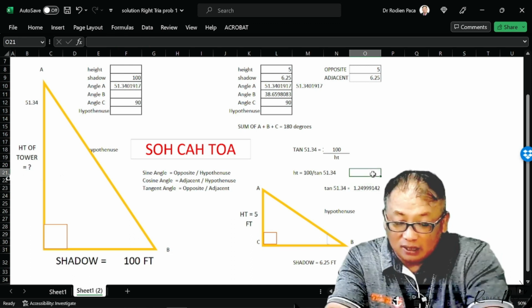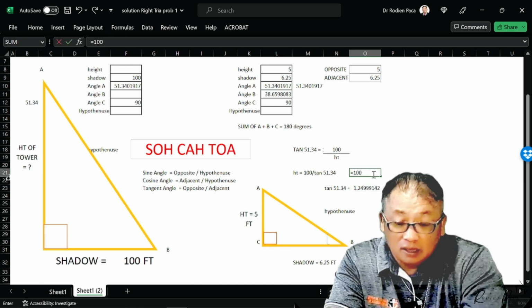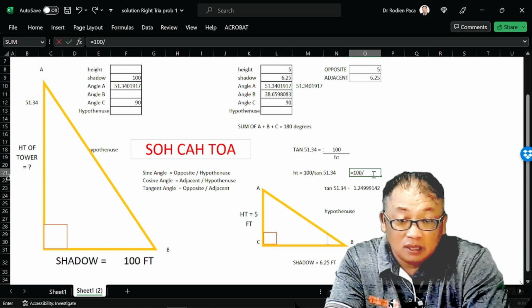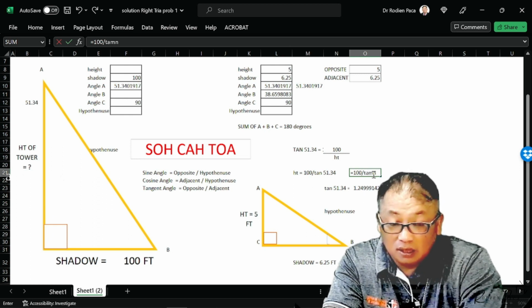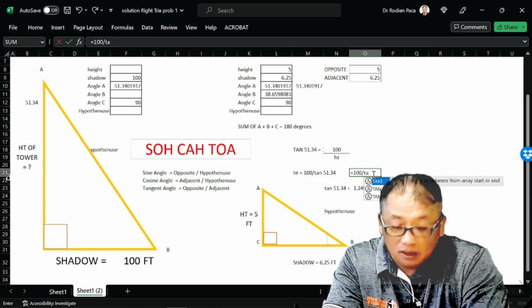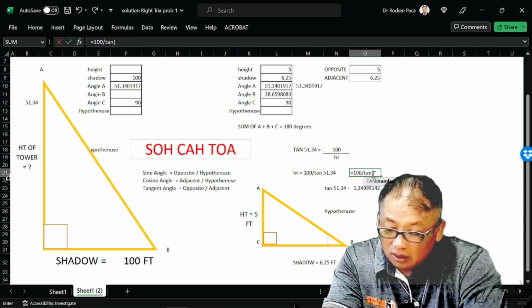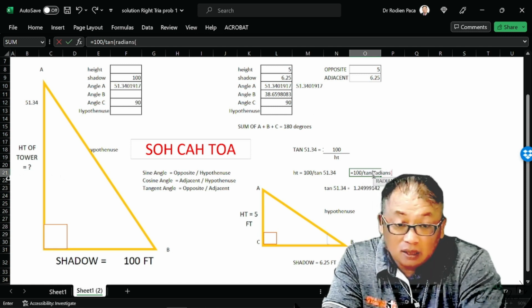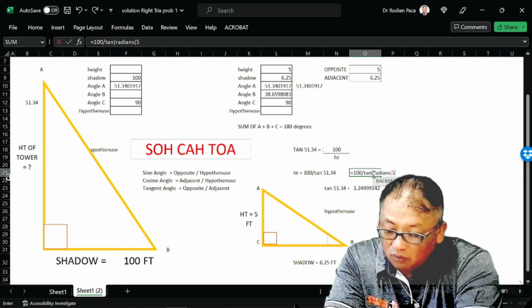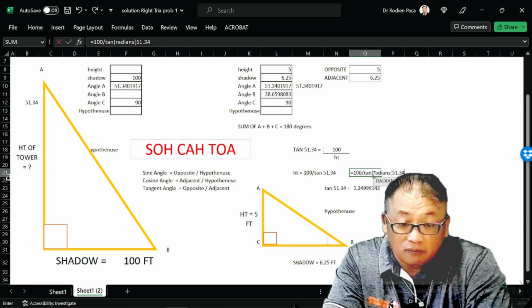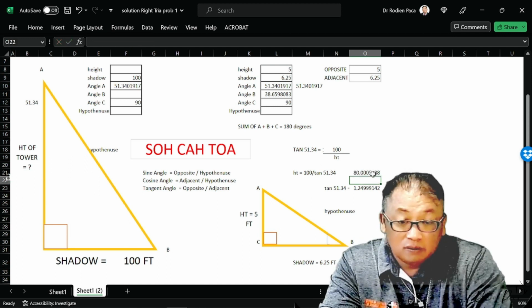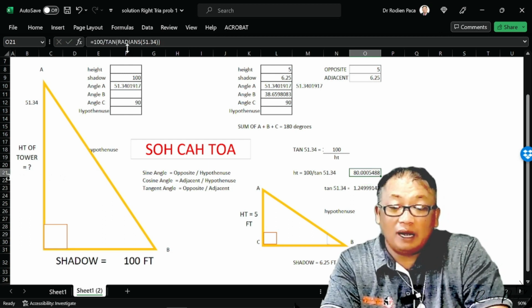Very easy. It's just 100 equals tangent, then radians, 51.34. Then you have the height.